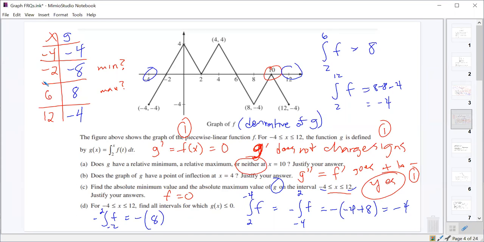All right. Part D, we want to find all intervals for which g of x is less than or equal to 0. And so we know that from -4 to -2, it was less than or equal to 0, right? And then we got to figure out where it stops being negative. Well, it should stop being negative when we get to what value?